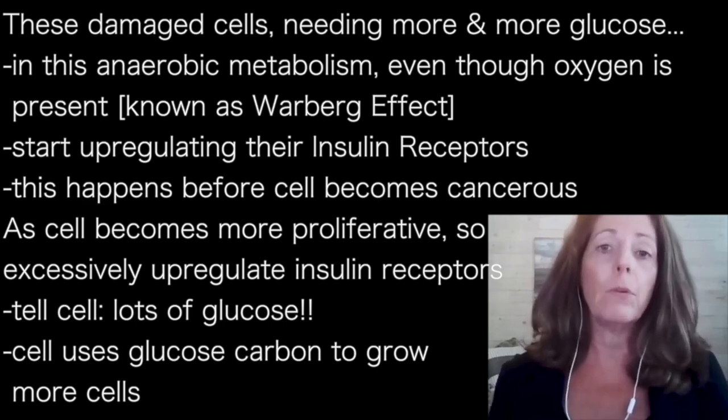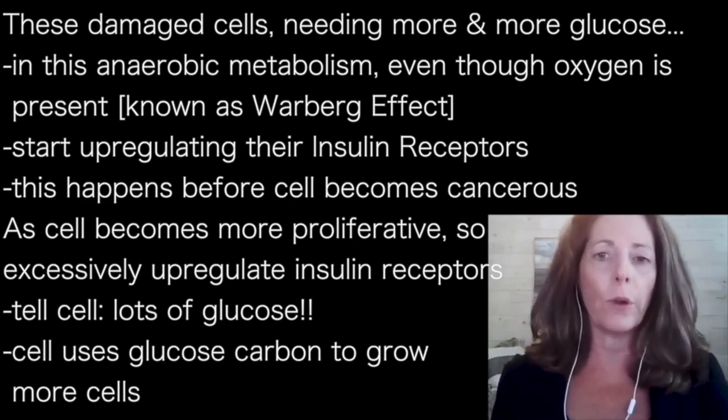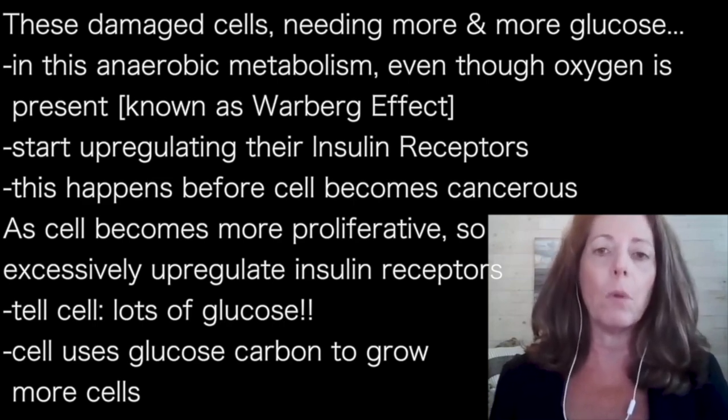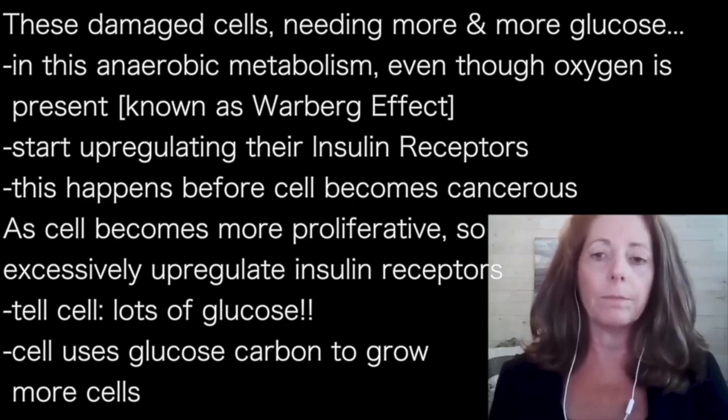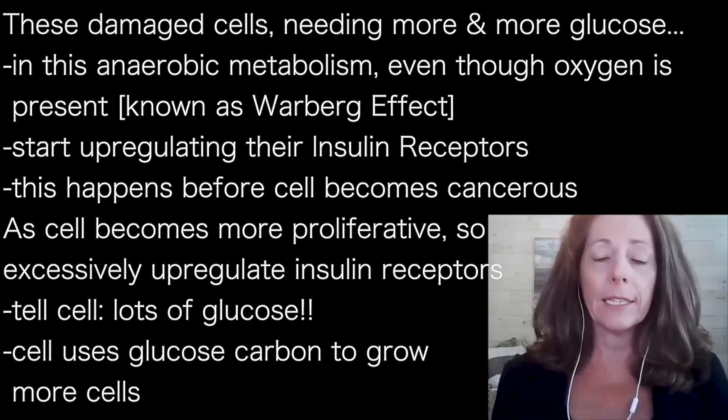In cancers, when we have very low grade or even benign tumors, we have some of that damage happening. As cells become more aggressive or highly proliferative, or growing fast, they need more and more glucose to do that. And so they upregulate insulin receptors.